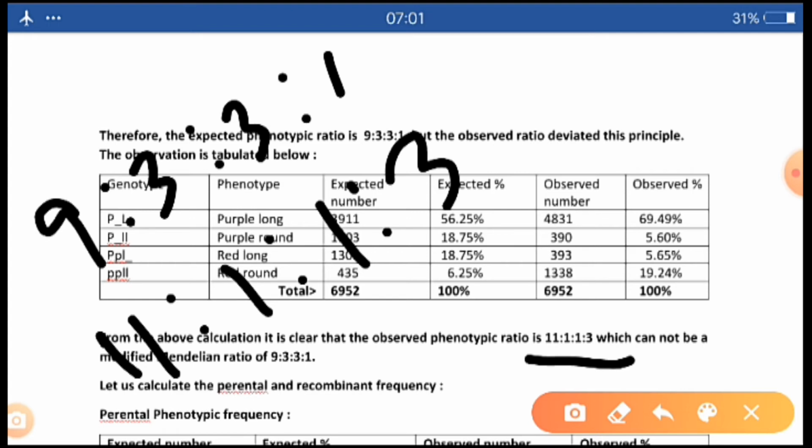That is quite a difference, and we may clearly say that Bateson and Punnett's result was not maintaining Mendel's independent assortment law. Mendel's independent assortment was deviated in this case.